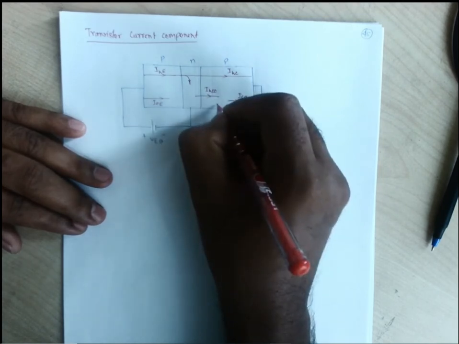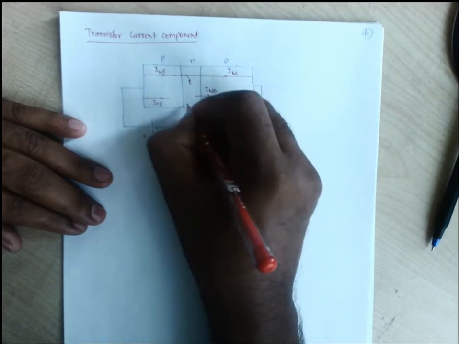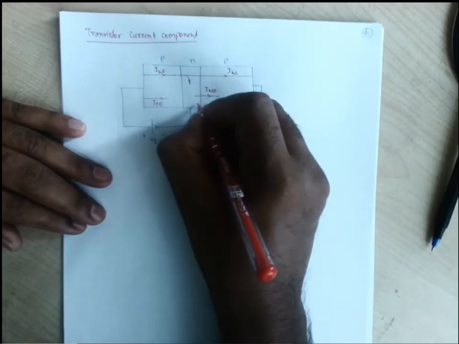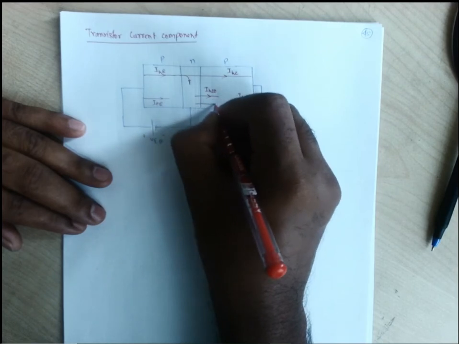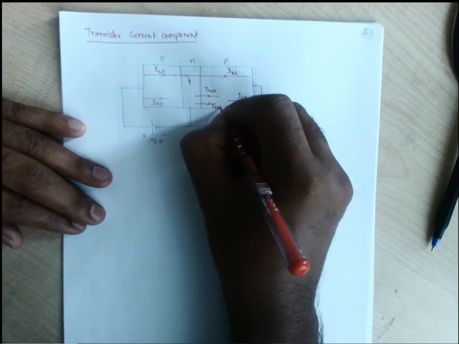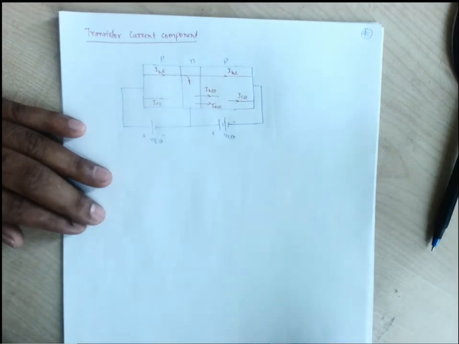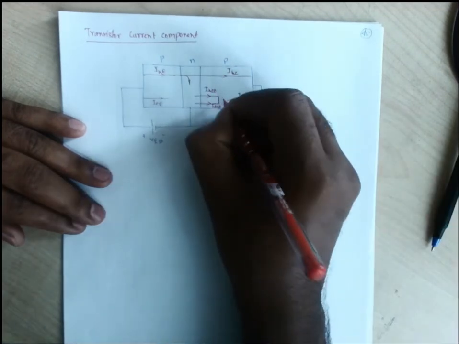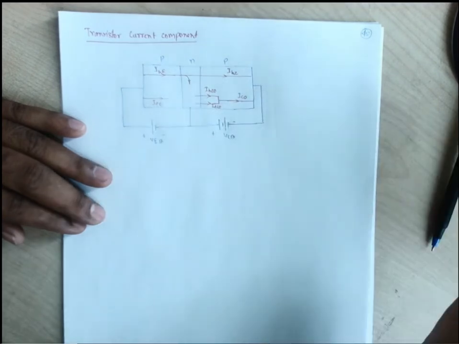These electrons move from collector to the base, so obviously the current will be from the base to the collector. That is the other component of the current, known as IECO, the electron current, which is part of ICO. So these two give you the total amount of current, that is ICO.